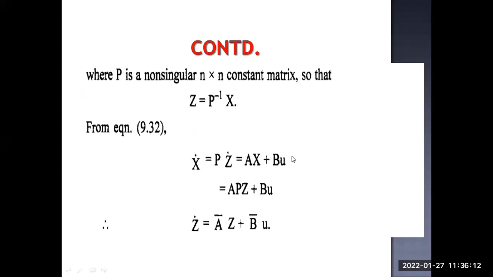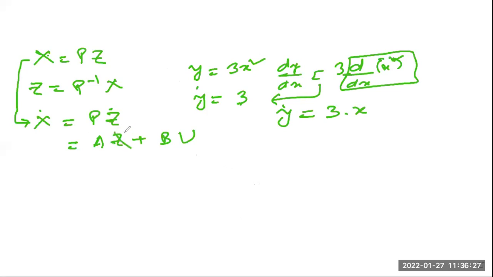So x will be substituted as P into z. So x dot equals a into P into z plus b into u.